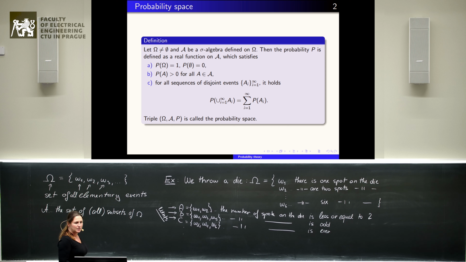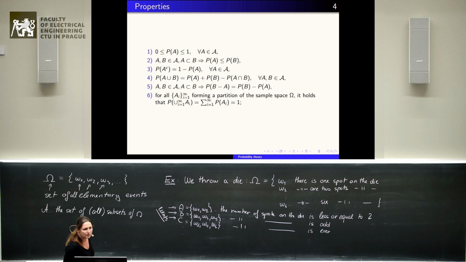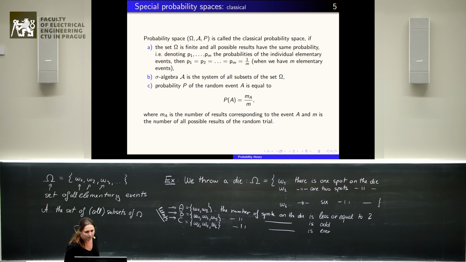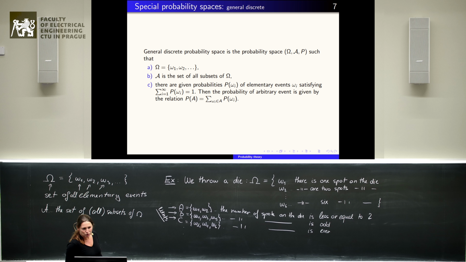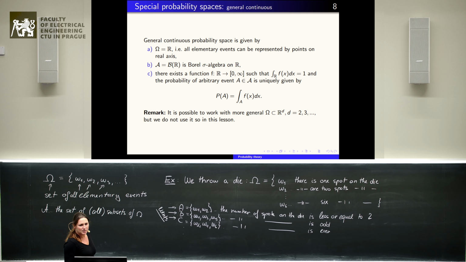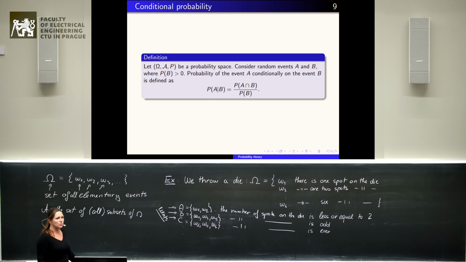And there is a property that the probability of union of so-called disjoint events can be calculated as the sum of their probabilities. Then other properties follow.